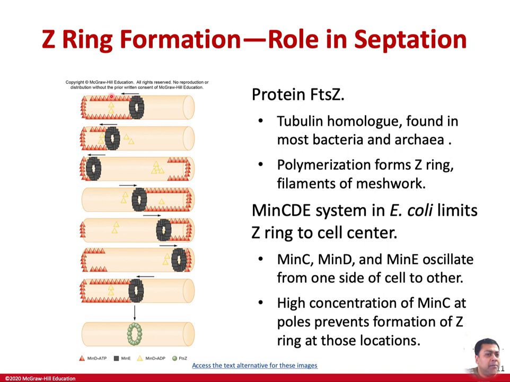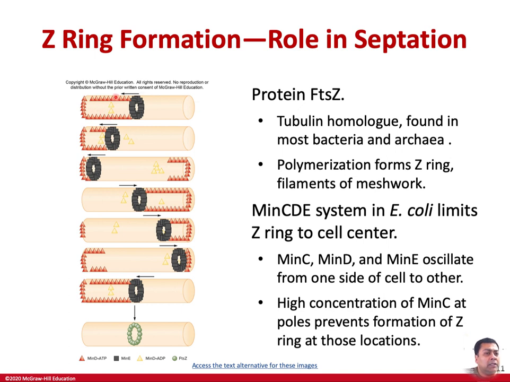As it is depolymerized, it moves away from the center. On the other hand, as it moves away from the center towards this end, again these proteins are going to get polymerized towards the other end, and that is again pulling this towards this center.